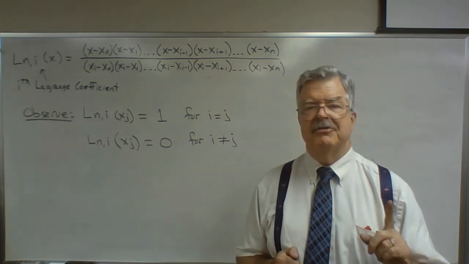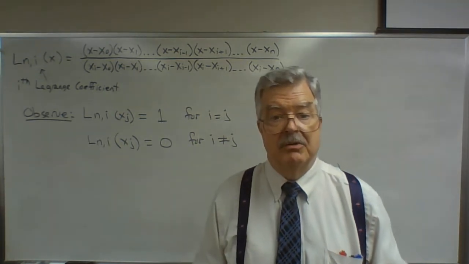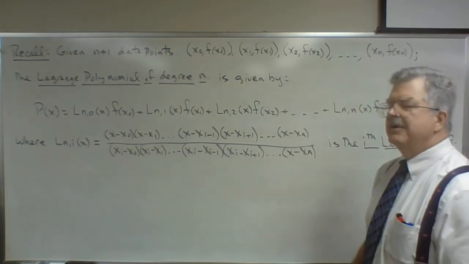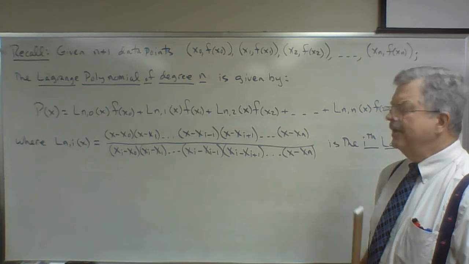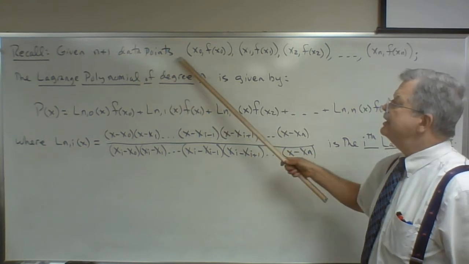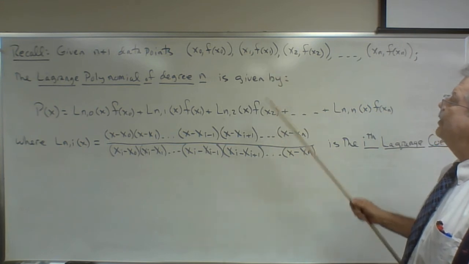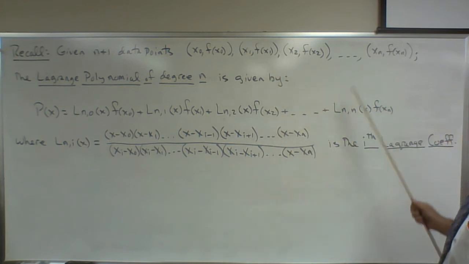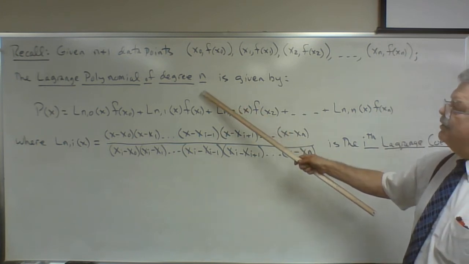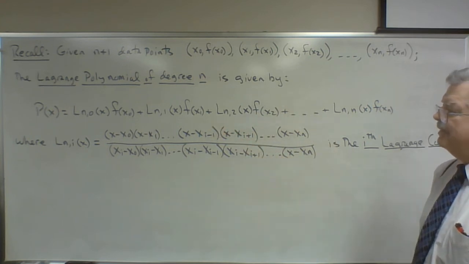Let me break for just a second, and we'll see how the big picture unfolds. Okay, this sort of takes us to a quick summary of what we've established. Given n plus 1 data points, x0, f of x0, x1, f of x1, x2, f of x2, dot dot dot, xn, f of xn, the Lagrange polynomial of degree n is given by this expression.